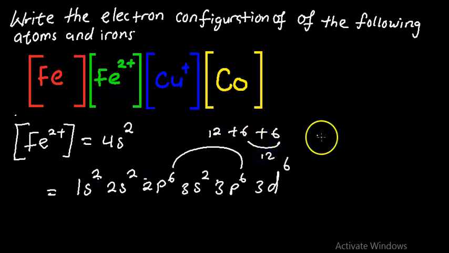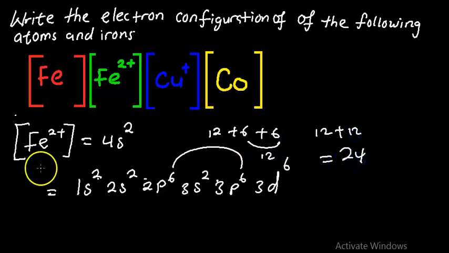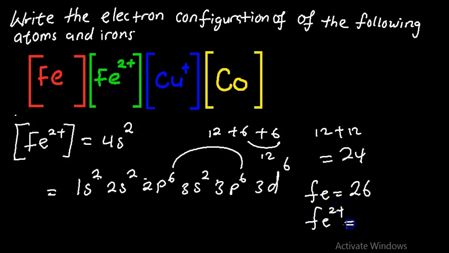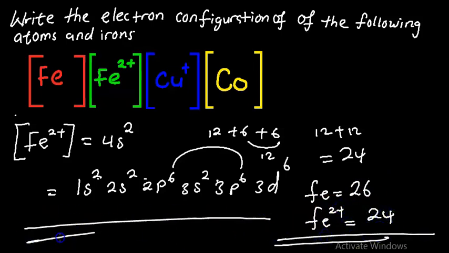This is simply going to be 12. 12 plus 12 is simply going to be 24. Initially, iron has an atomic number of 26, but Fe2 positive is simply going to be 24. And this is it for this problem. Our answer is correct.